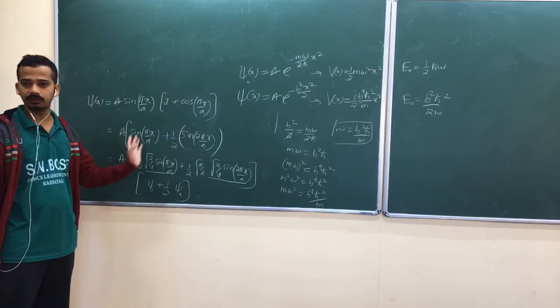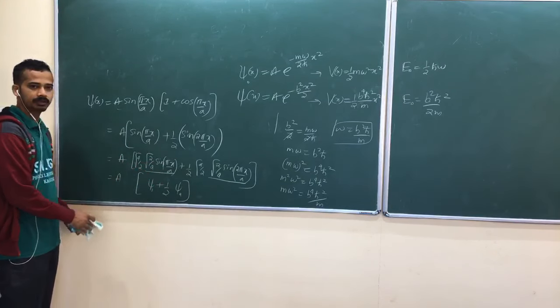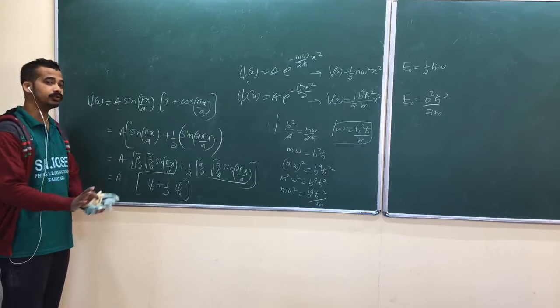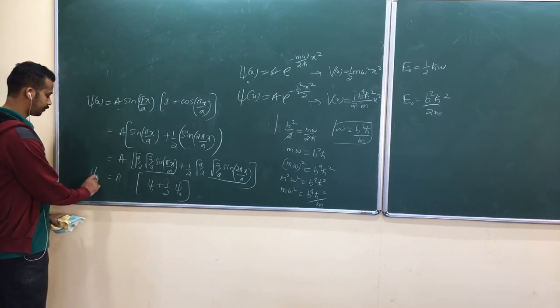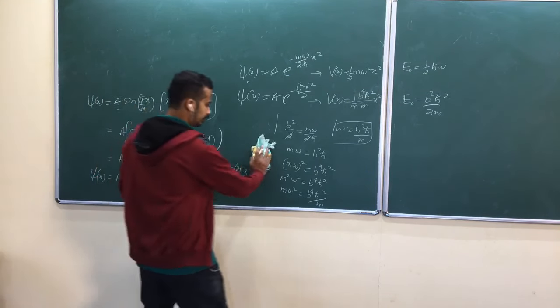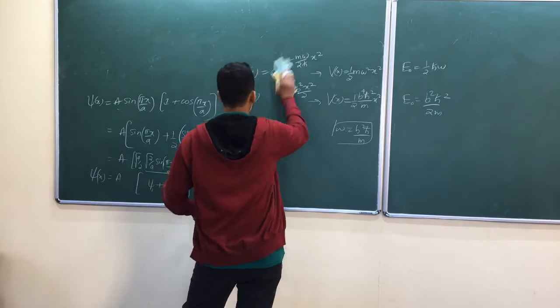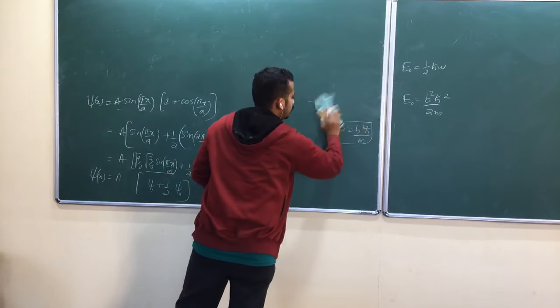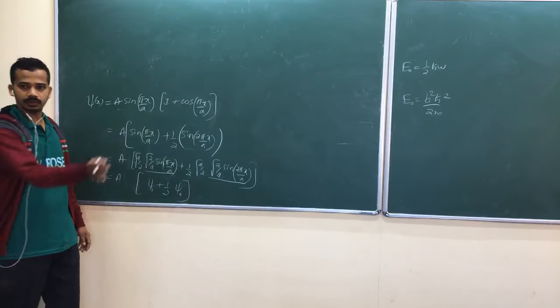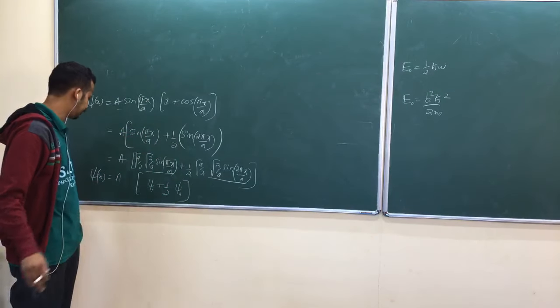Is that okay? If the whole wave function is multiplied by a constant, the state is not changed. Ultimately, you are going to normalize. Once you normalize, that will be the unique wave function. Even if you try to normalize by keeping that term, it doesn't make a difference. Okay, you are going to divide by something, it will get cancelled.